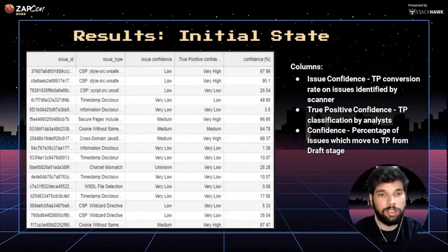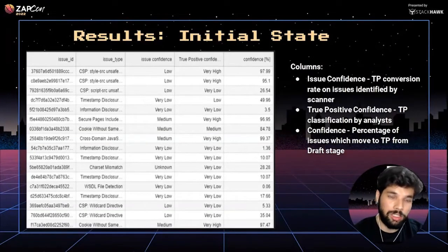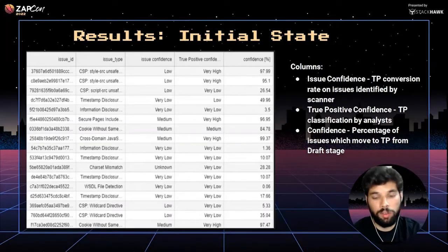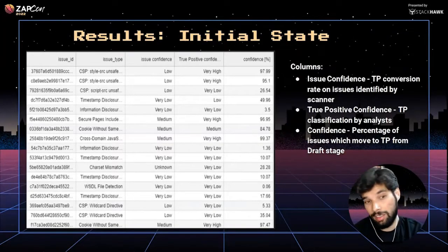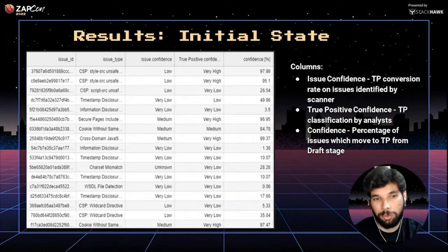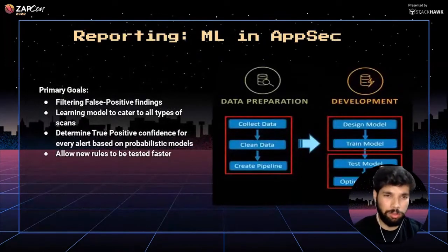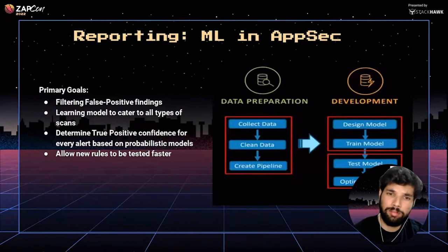So this is again talking about the initial state, where each issue stood in terms of confidence for us and how an ML model could have solved it for all of these issues. Issue confidence is pretty much what the ZAP scanner itself gives us as part of the report. So just talking about ML in our whole AppSec life cycle, right?